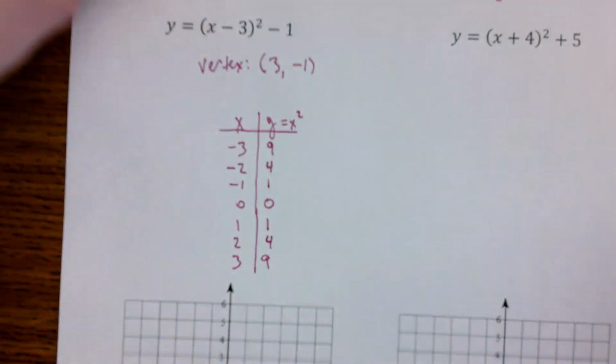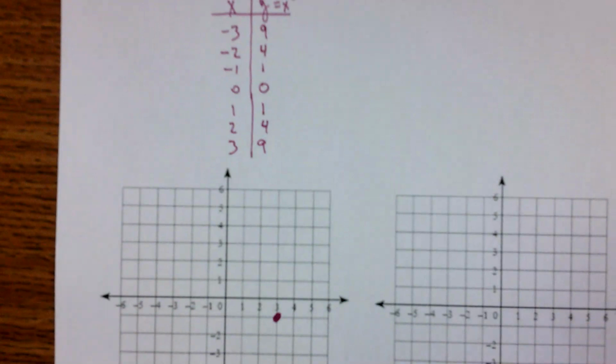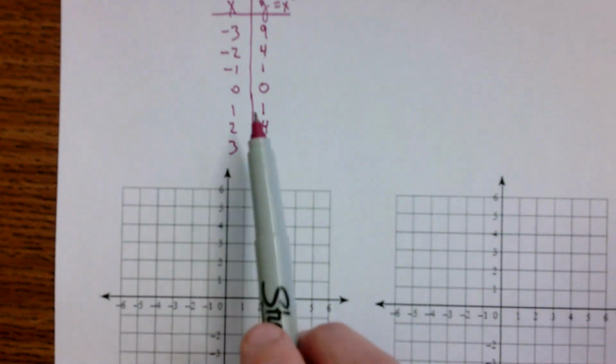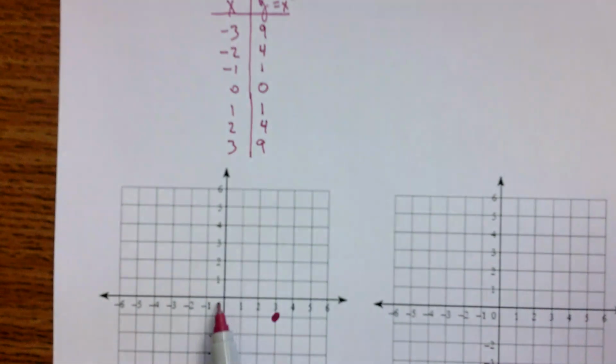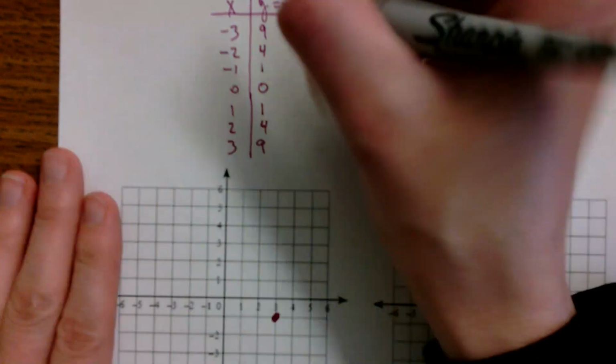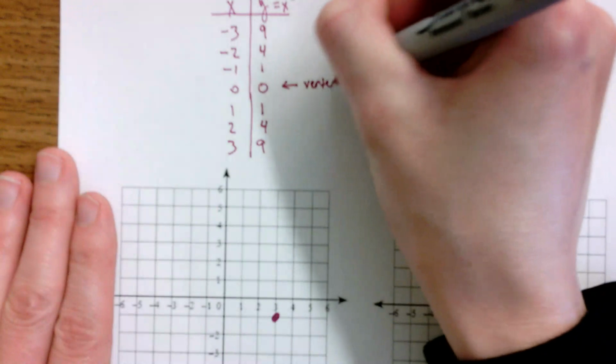Okay, so how do we use that? Well, here's how the modified table of values works. Normally, with a regular table of values, like the point 0, 0, you'd put a point here, right? Not with a modified one. What we're going to do is pretend that 0, 0 is our vertex point.